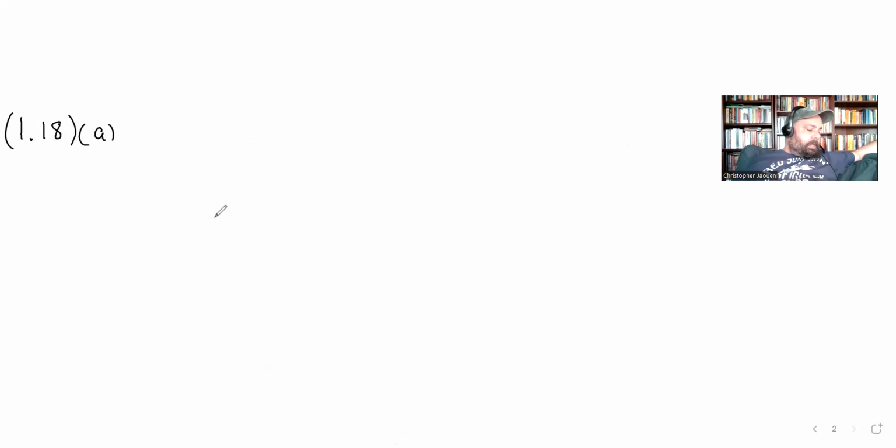Part A says, suppose that B squared minus 4C is greater than or equal to 0.